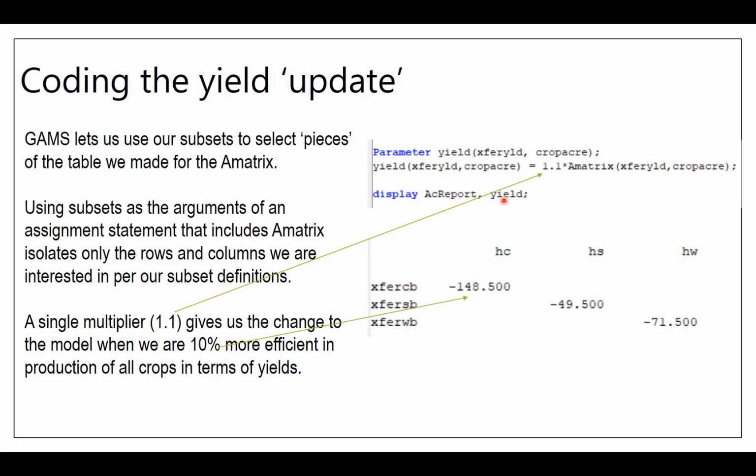And then I displayed the yield, this parameter, and this is what it looks like. So we've got -148.5, I think that's 13.5 more yield than 135, and so everything looks like it's working out.